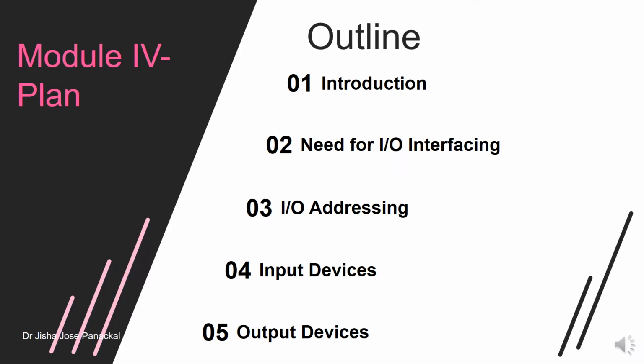This module includes the main points: we will see the introduction and why IO interfacing is needed, and we will discuss different types of IO addressing. The major part is that we are going to discuss in detail various types of input devices as well as output devices.